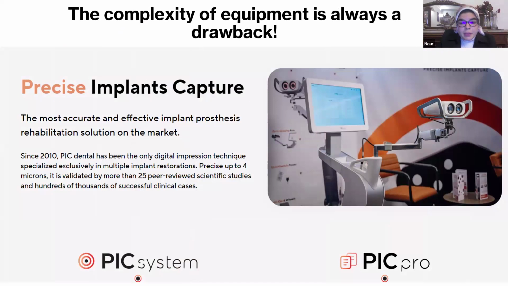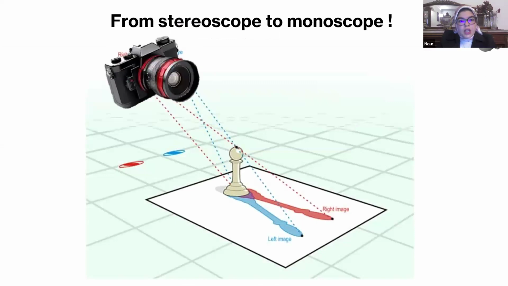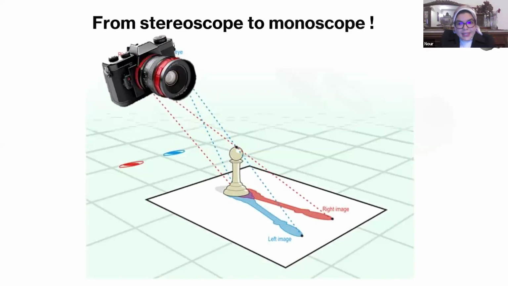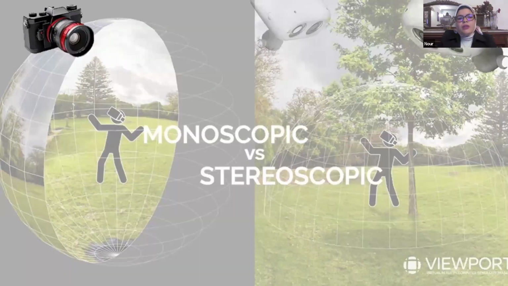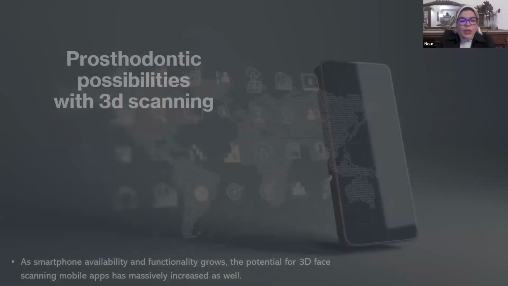Those are precise implant capture systems and are very effective in implant prosthesis rehabilitation, and still they are a bit expensive and a bit complex. So this is why technology evolved from the stereoscope, or two sources or two lenses, to the monoscope, or the one lens. You want to get your 3D model from just one lens. And this is the whole idea.